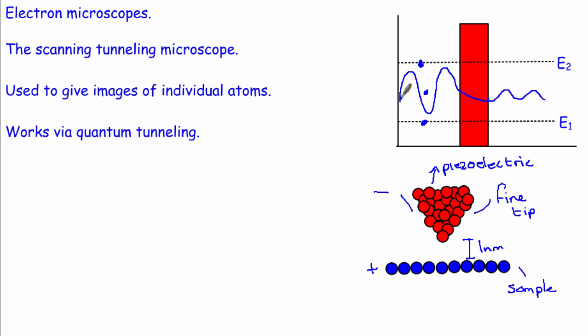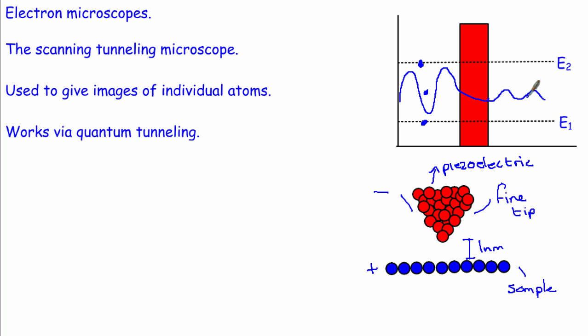But because electrons are waves, and we think of this as a probability wave, which is a very strange concept, what it can do is this: when it gets to here, the amplitude of the wave decreases as you go further through this barrier, but it never goes down to zero. So when you get to the opposite side, there is a very small amplitude on this side.